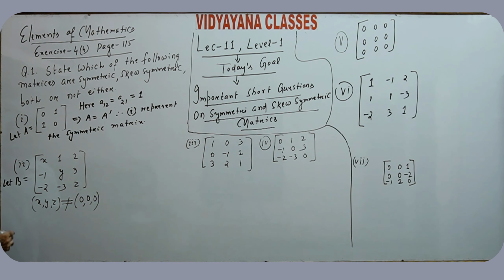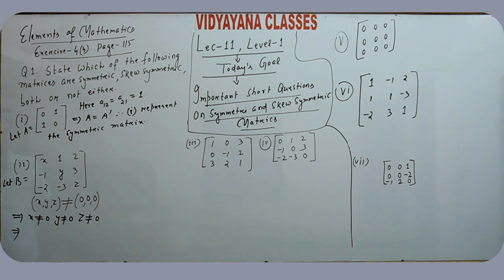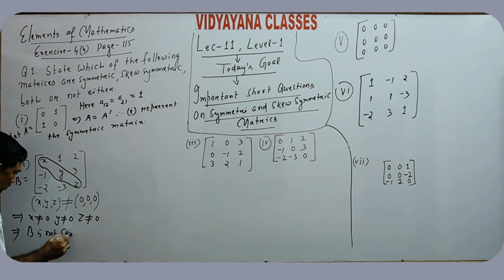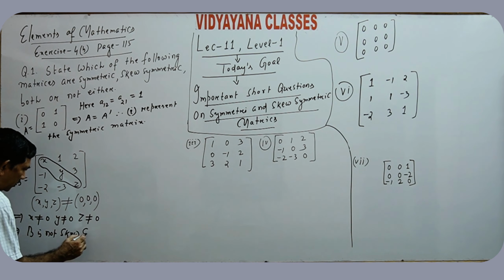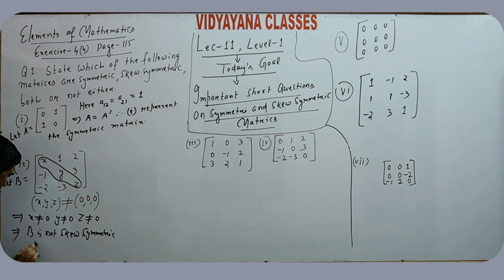This implies x not equal to 0, y not equal to 0, z not equal to 0. By the definition, since the diagonal elements are not 0, B is not a skew symmetric matrix.